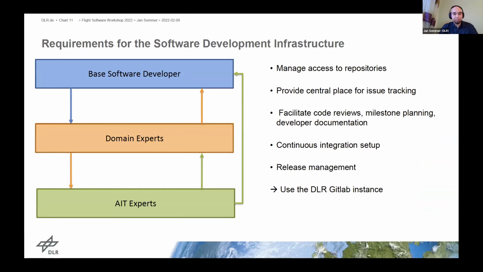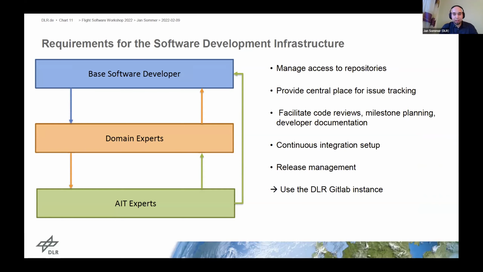Next, please. So our requirements, or what we wanted to achieve, is of course to have managed access to the source code repositories themselves. And then have a central place for issue tracking, doing the code reviews, milestone planning, developer documentation, then of course the continuous integration setup, and our release management.